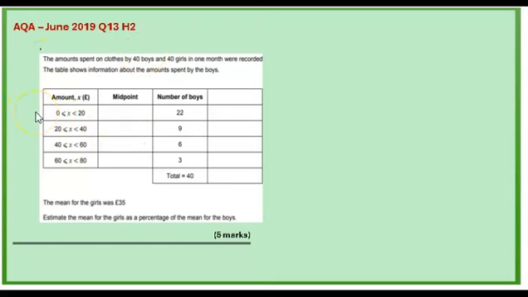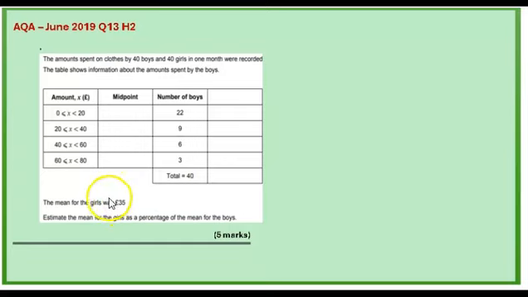They are put in 4 class intervals. And what we have to do is find the mean expenditure for boys, and then the mean expenditure for the girls is given.